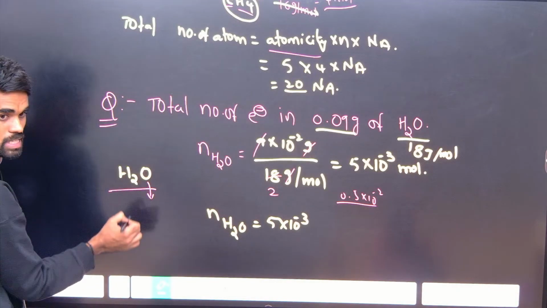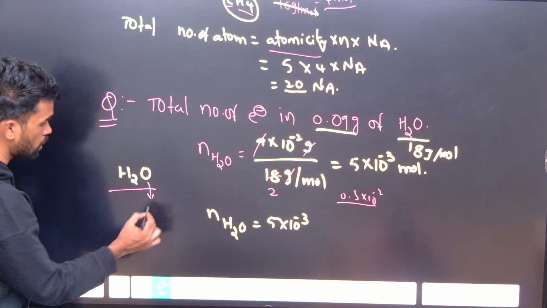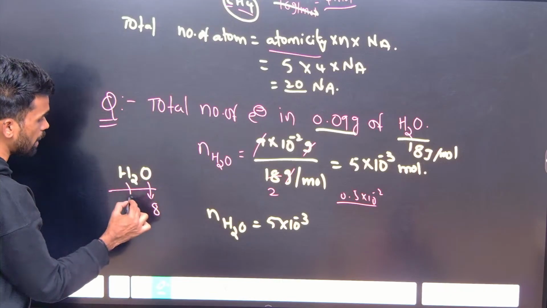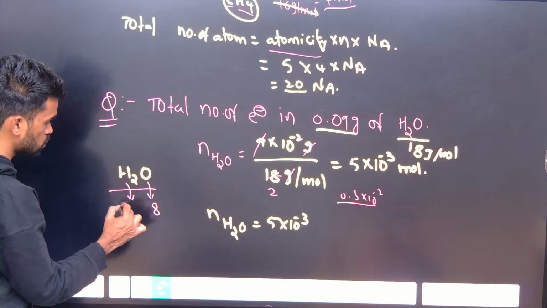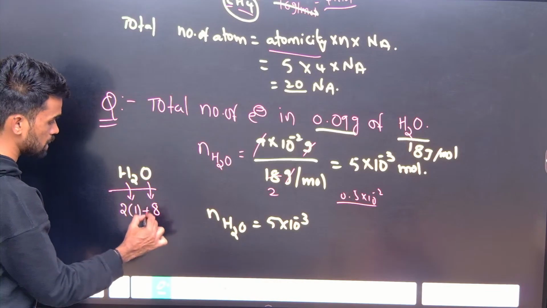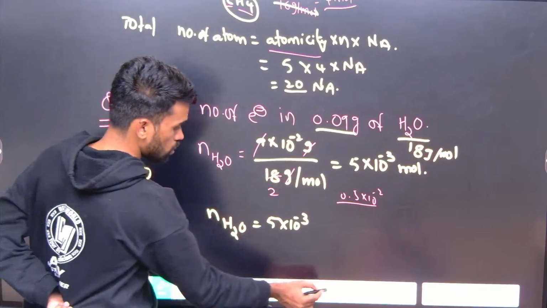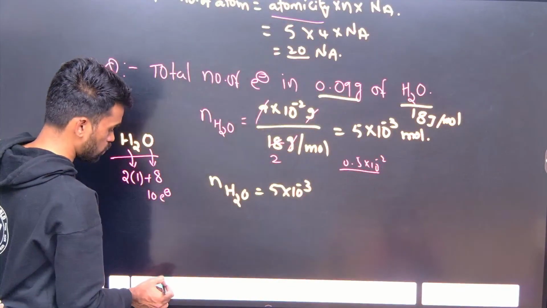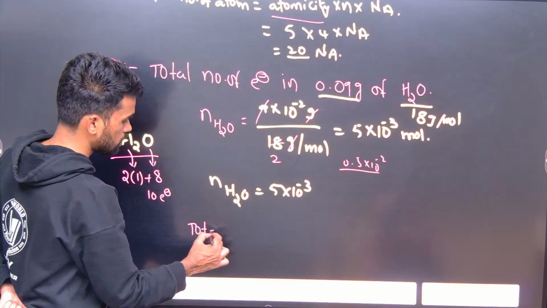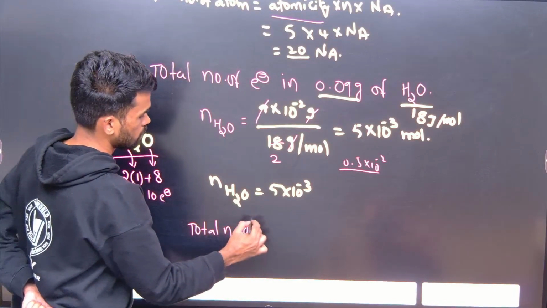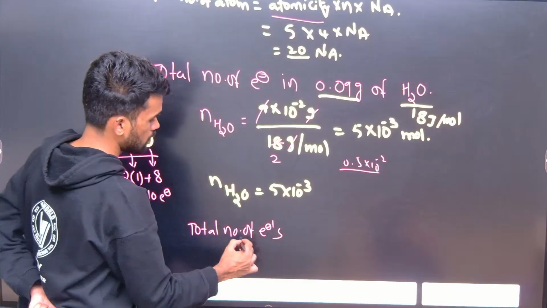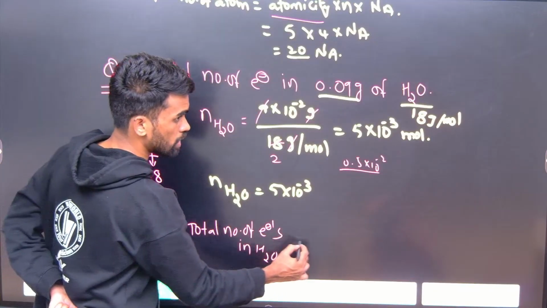Oxygen atomic number is 8, so 8 electrons, and hydrogen atomic number is 1, so 2 into 1 plus 8. So 10 electrons are there in total. So the total number of electrons in water is equal to what should I say?